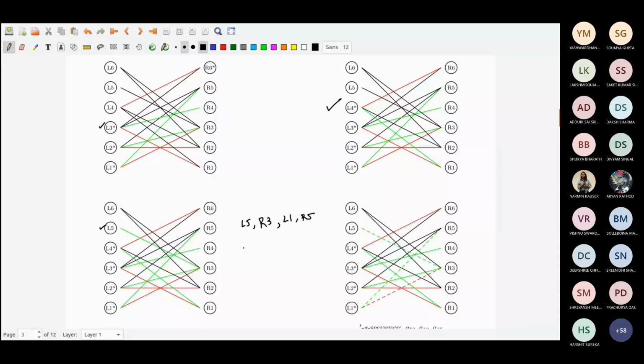So right now what you have, you see this green edge L1 R3, L5 R3, L1 R5. So that is an augmenting path where this is green, this is a matching edge, this one is a matching edge, and this one is a non-matching edge.